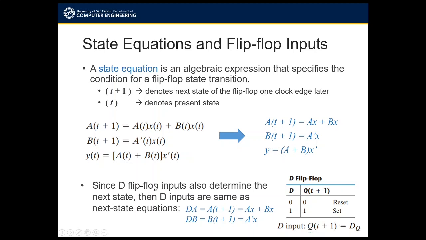Since D flip-flop inputs determine the next state, the D inputs are the same as the next state equations. If these are the next state equations, then we can just equate them to the D inputs. In this case, we call them DA and DB, the inputs of flip-flops A and B respectively.